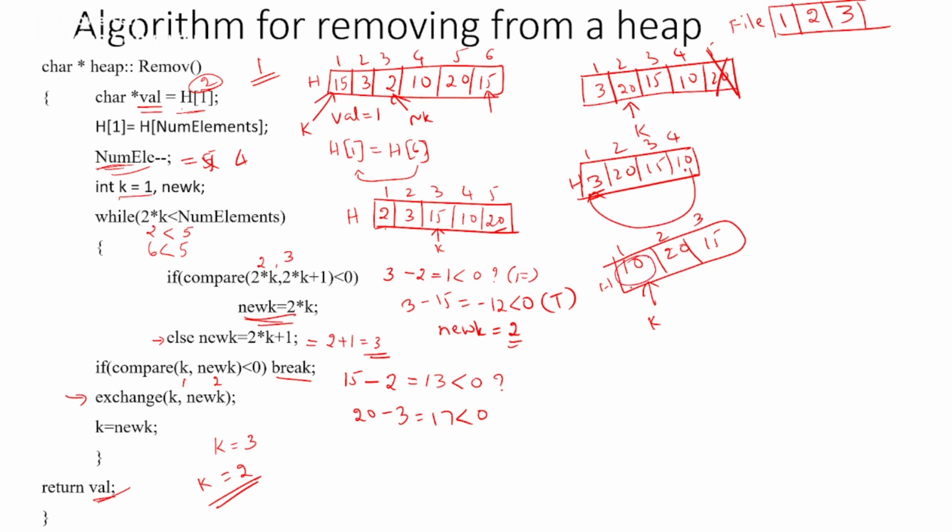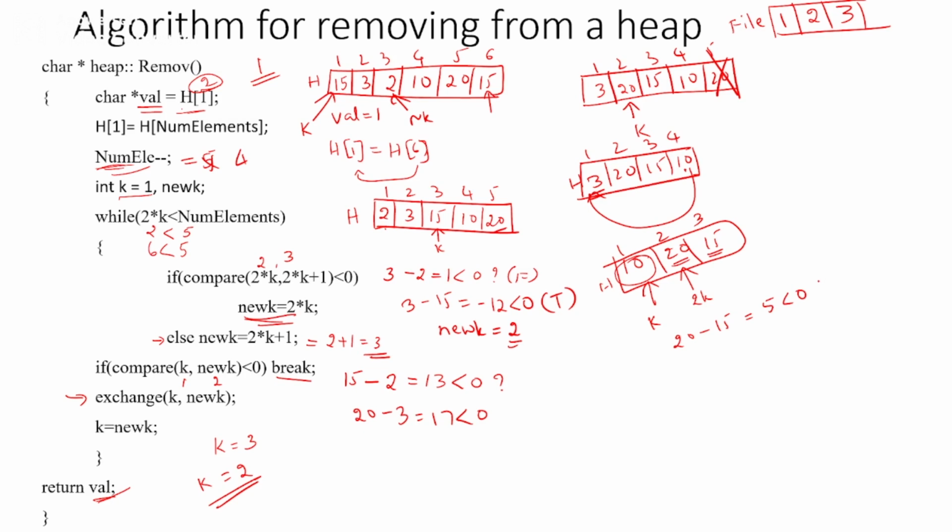So while 2k is less than num element. What is 2k? 2 into 1, that is 2. This is 2k. Whether it is less than num element, yes. So 2 is less than 3, true. So it is going to compare 2k and 2k plus 1. So 20 and 15 get compared. 20 minus 15, that is 5.